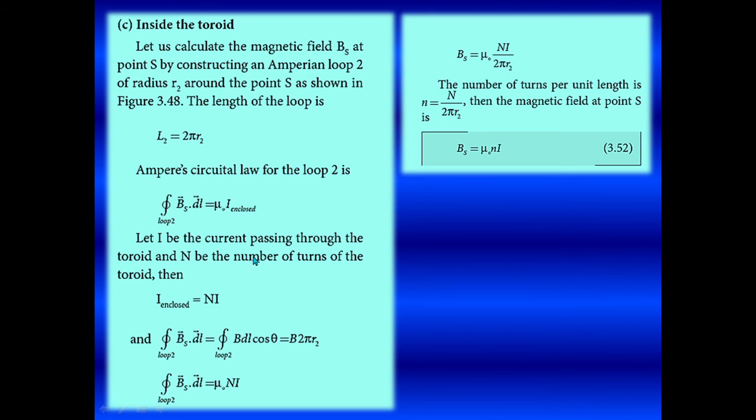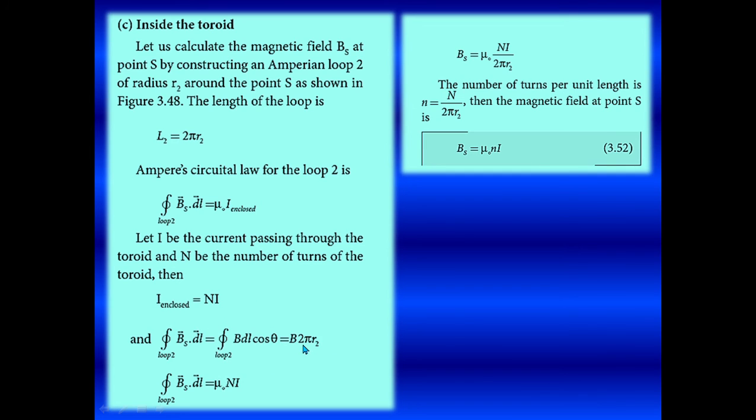Let I be the current passing through the toroid and N be the number of turns of the toroid. Then I enclosed is equal to capital N times I. So the equation can be written as the line integral over loop 2 of BS vector dot dl vector is equal to the line integral of B dl cos theta, which is B times the integral of dl, nothing but L. L is the length of the circular loop, meaning 2 pi R2.